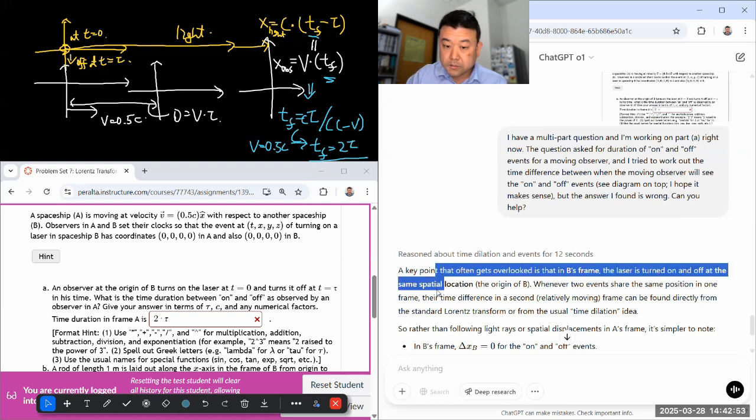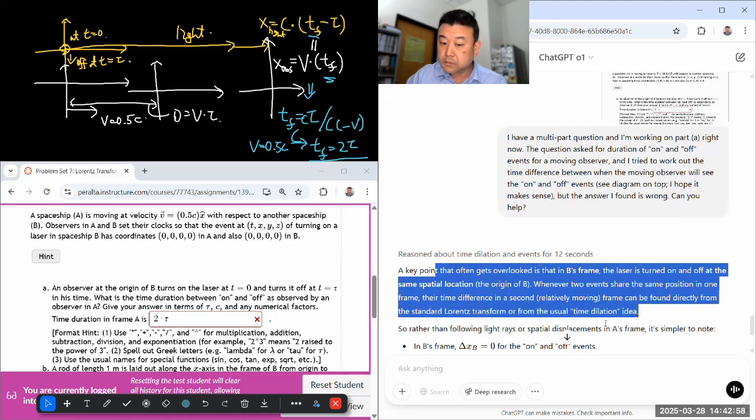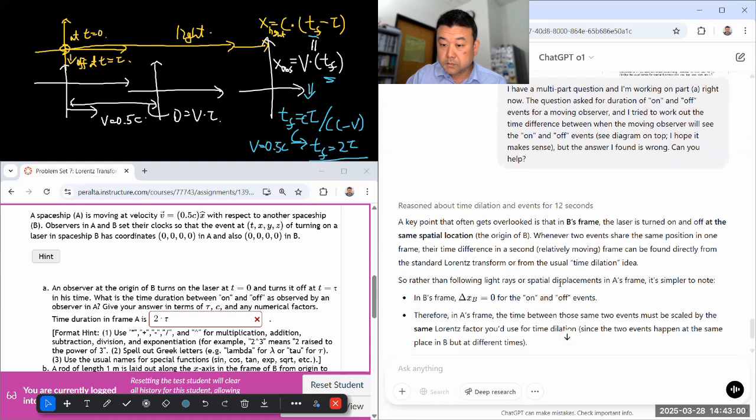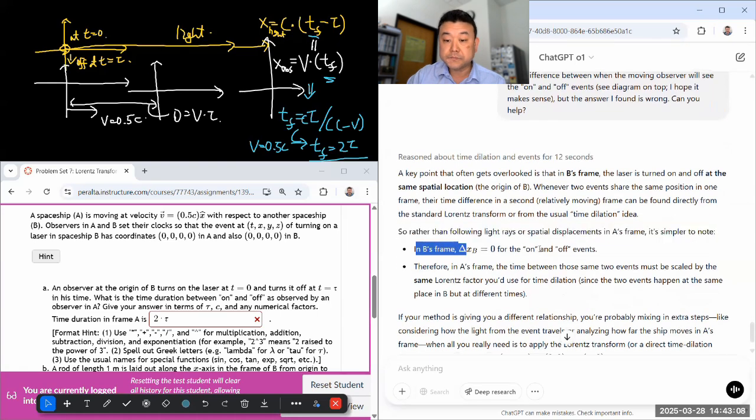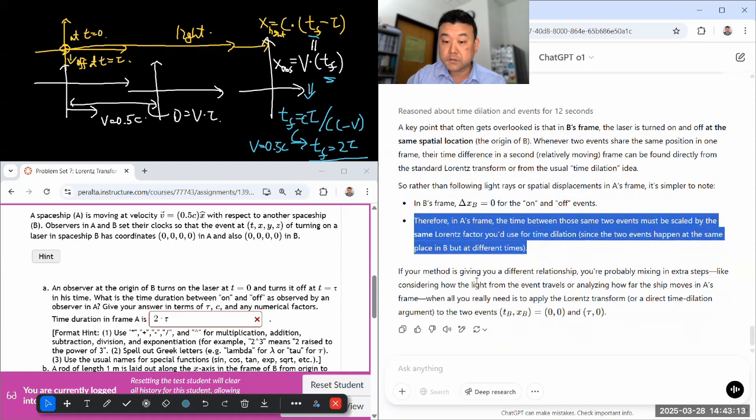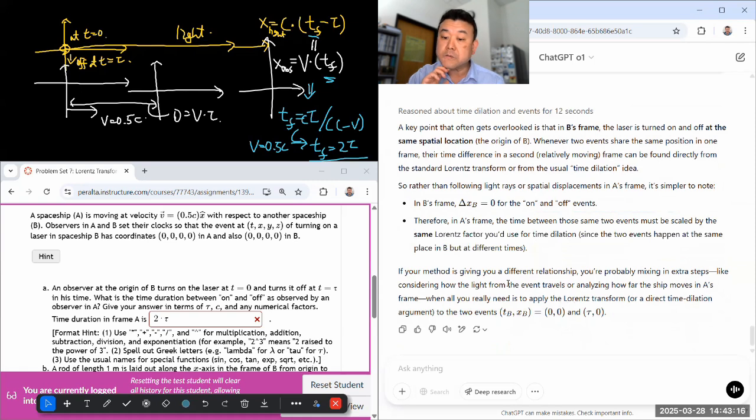Okay. Oh yeah, so this is good advice. Don't do this complicated stuff. Okay, in a frame must be scaled by the same factor you use for time dilation. So I'll say by Lorentz factor, you mean gamma equal to 1 over square root of 1 minus v squared over c squared.